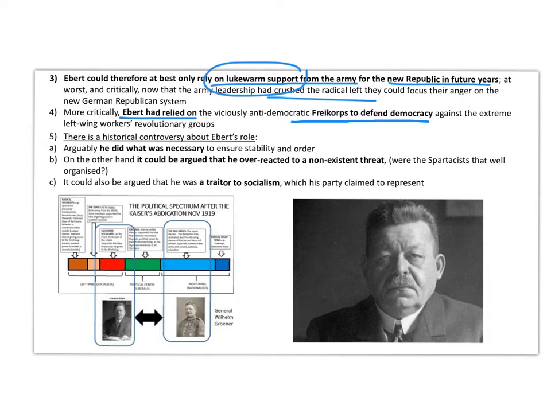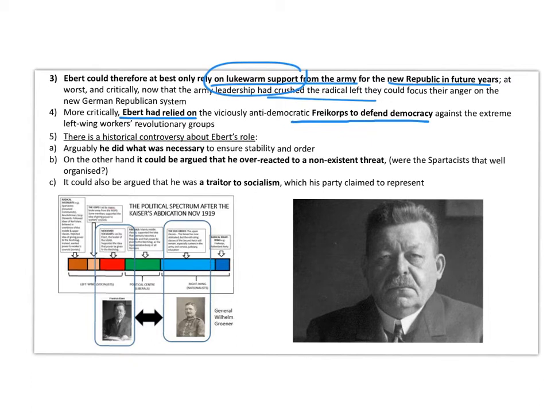Okay, so it tends to fit more into the counter-revolution, doesn't it? Because what we're saying here is that the new system, the new republic, which was a significant break with the past, is being held up by forces that despise the new system and want to bring back the old system.